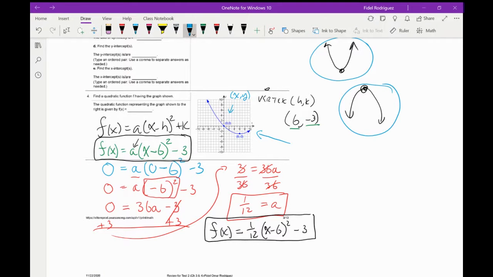And just to let you know, this is up, and this one here is down. So would you say that our graph here is going up or down? What would you all say?